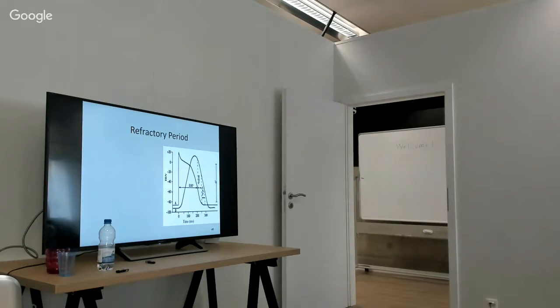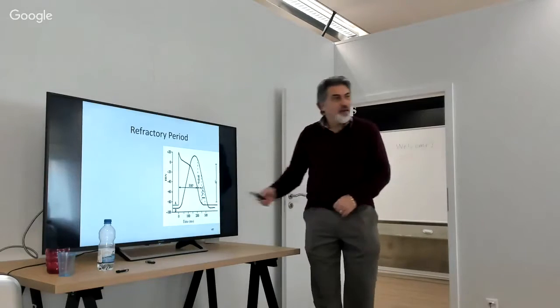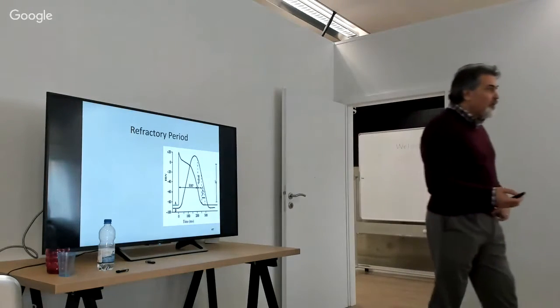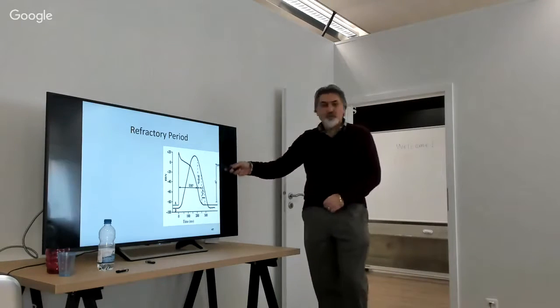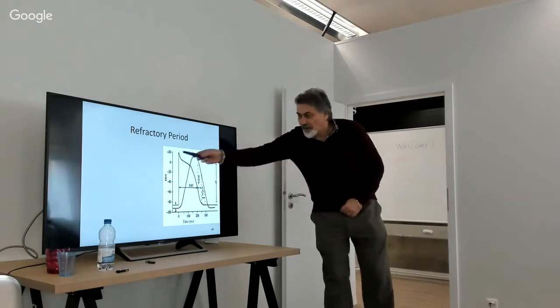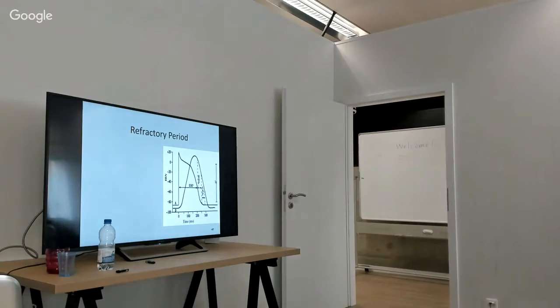So, look at that. This is the mechanical activity of the cell. I can measure the force they develop in grams. And this is the electrical activity, more or less superimposed.